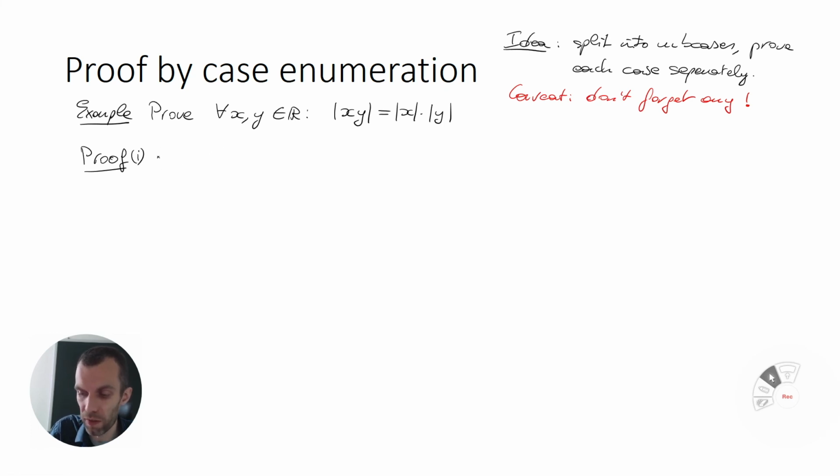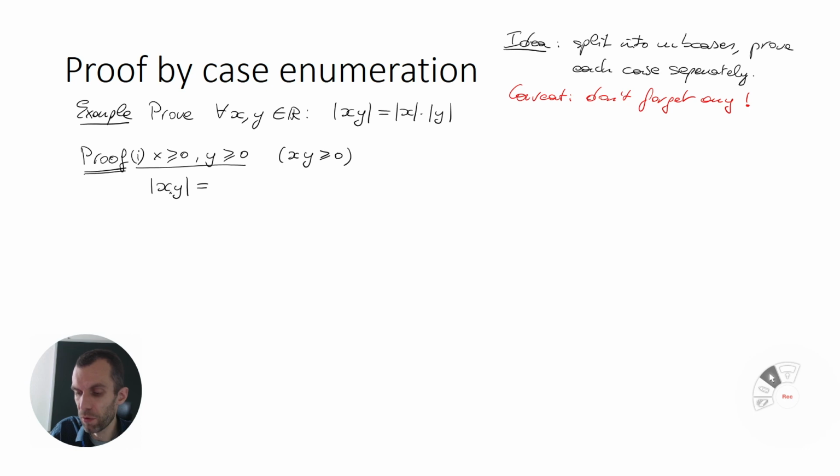So the first case, let's take x greater than or equal to 0 and y same. And in that case, we have that the left-hand side is absolute value of xy. So here, if both are positive, then x times y is also non-negative.